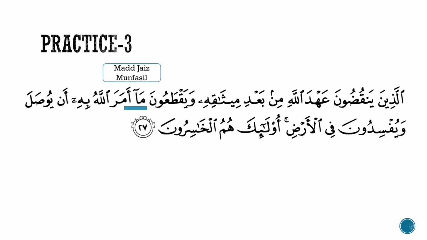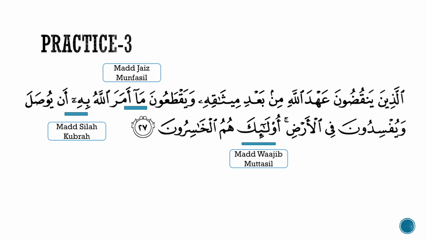So we have the word here, ma amar Allah, which is the rule of mad jaiz munfasil, because there is a hamza after the huruf madda in the next word. We also have mad sila kubra on the word bihi an yusal. As we can see, there is the ha pronoun which has the mad symbol, and also it is followed by the letter hamza in the next word.